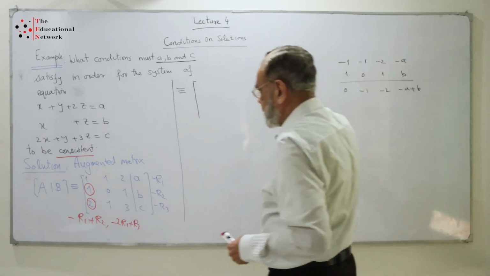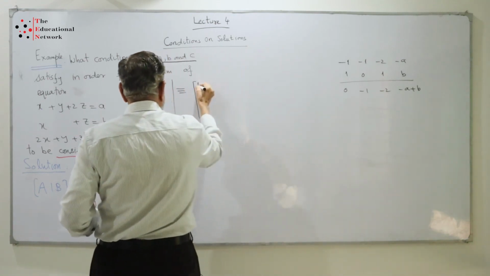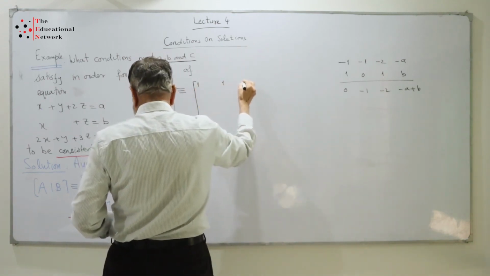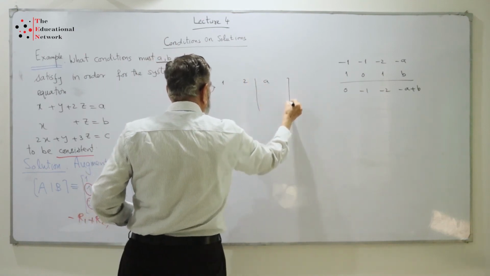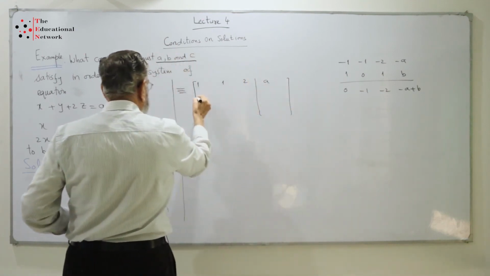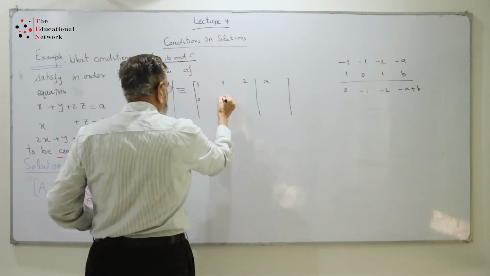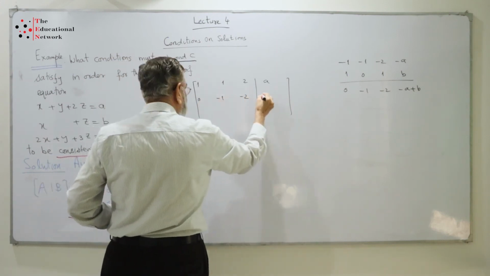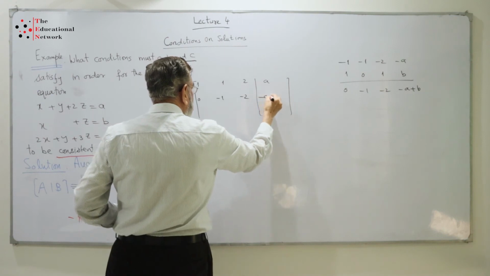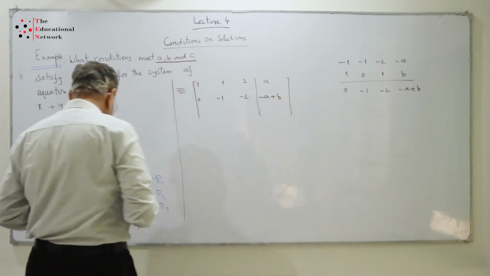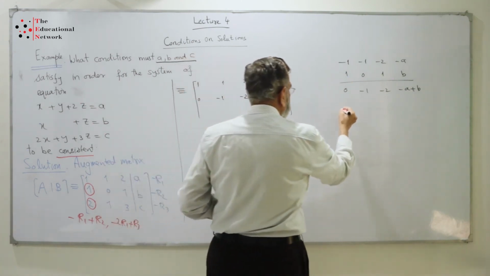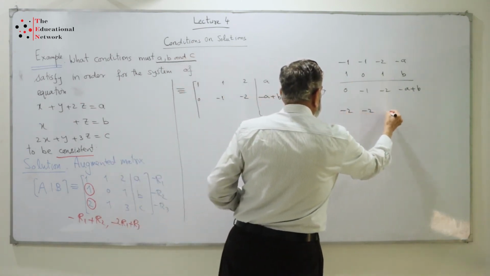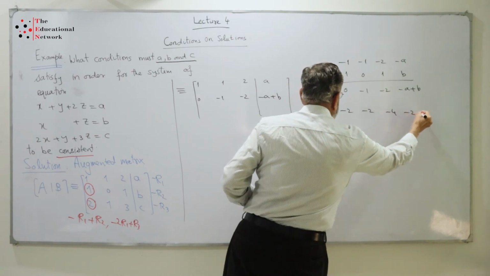We add it, we get 0, -1, -2, minus a plus b. So the first row is without any change: 1, 1, 2, and a. The second row, after the row operations, is 0, -1, -2, minus a plus b. The next is we multiply by -2 and add to R3: -2, -2, -4, -2a.